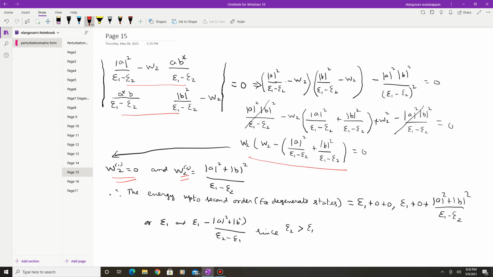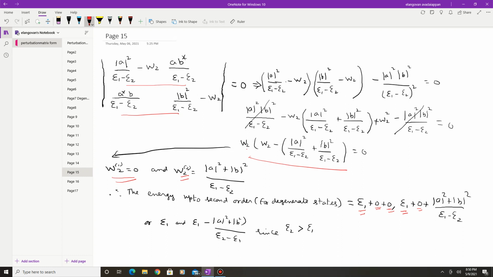So the energy up to the second order for the degenerate states. For the first state, the unperturbed energy is E1. For the second level, the unperturbed energy is also E1. Both are degenerate states. The first order correction here is 0. For the other level, the second level, it is also 0. For the second order correction, here it is 0, whereas here there is mod A square plus mod B square by E1 minus E2.